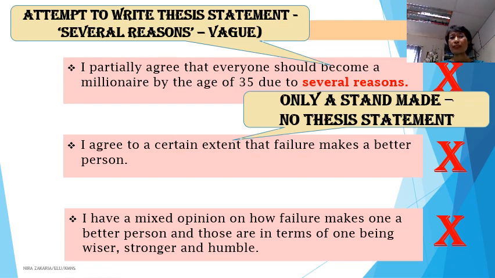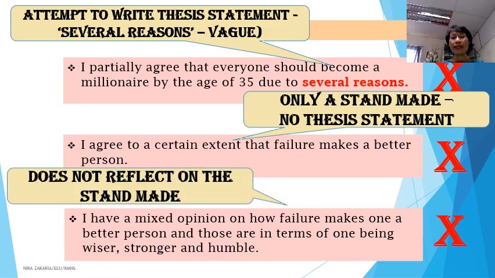But you fail to observe that. So wiser, stronger, and humble, all three convey positive ideas, or positive viewpoint. That is why it is not the correct way for you to write your thesis statement. It does not reflect on the stand made.